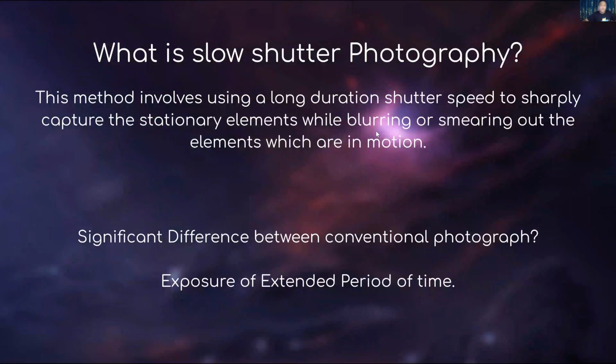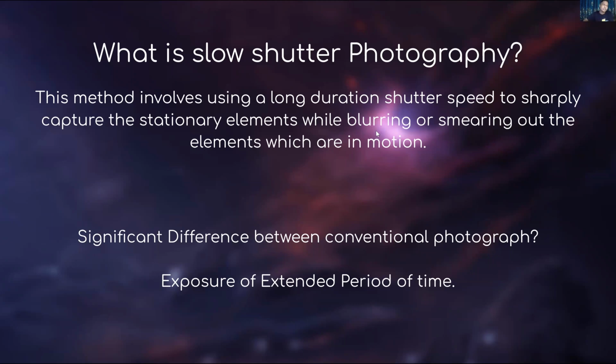So what exactly is slow shutter photography? What's long exposure? This method involves a long duration shutter speed to sharply capture the stagnant or stationary elements while blurring out or smearing out the elements which are in motion. For example, let's take a waterfall. Whatever stones or backdrop or landscape is there, that's not moving at all.